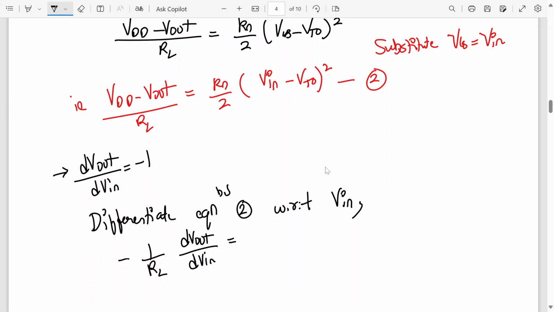Alright, on the right hand side, what do we get? Kn by 2 into, so twice x square will be 2x. So it will be 2 times (V in minus VTO). Of course VTO is relatively constant, so the only variable is V in.